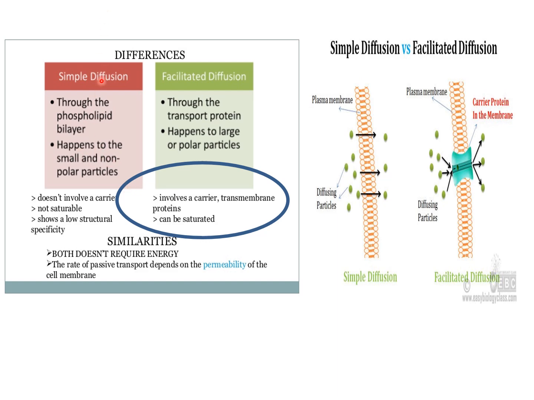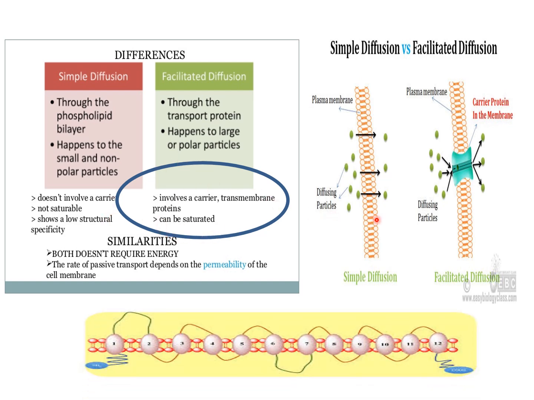Whereas facilitated diffusion requires a carrier protein, a transmembrane carrier protein, this blue thing here. And this type of transport is mainly for large particles or polar particles. So the similarity is no energy, and both go along the concentration gradient.